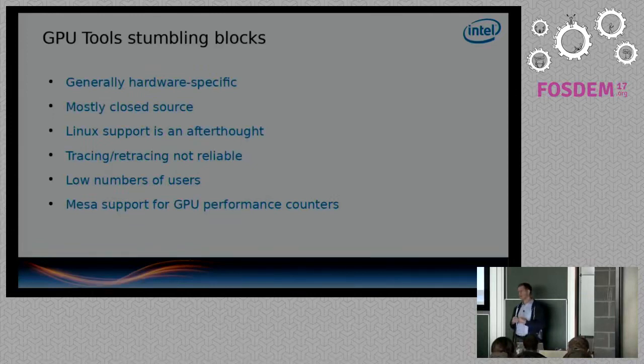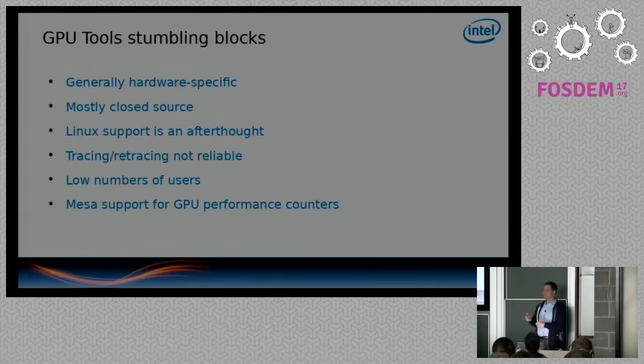RenderDoc is another example where Valve has funded a developer to really invest in native Linux graphics analysis tools. One thing about a lot of the tools is that tracing and retracing is often not reliable. This can be because the tool was initially written for Windows DX11 or DX10 games, and then when they go to implement tracing for OpenGL, they find the complexity of the extensions makes it hard to capture the workload that you want to investigate.